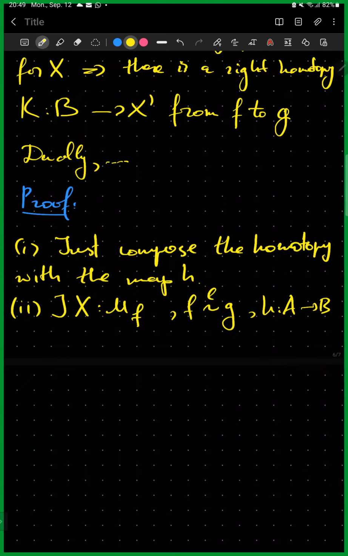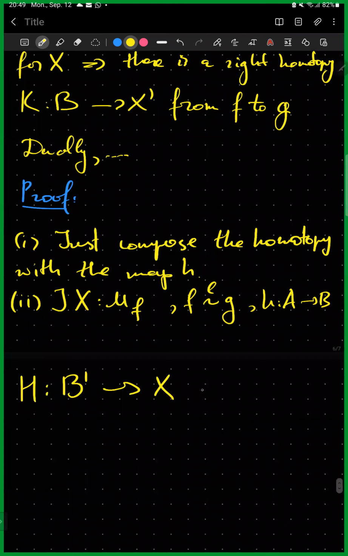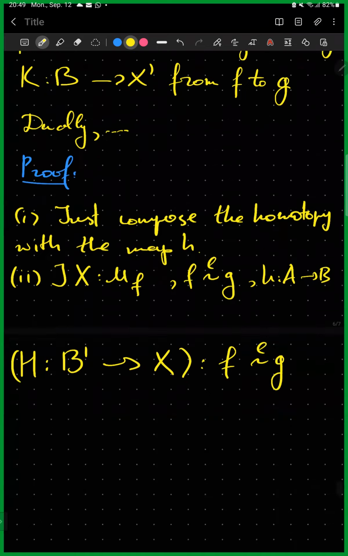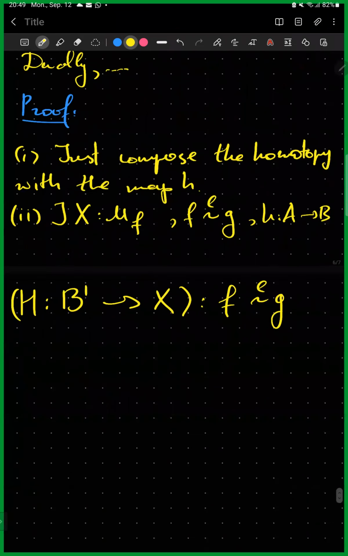For this, consider the homotopy between F and G, left homotopy, which goes from some cylinder object for B prime to X. So this is a left homotopy between F and G.